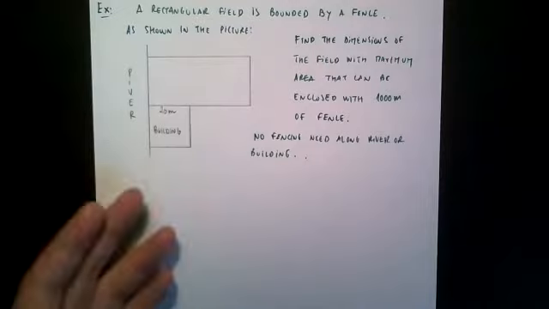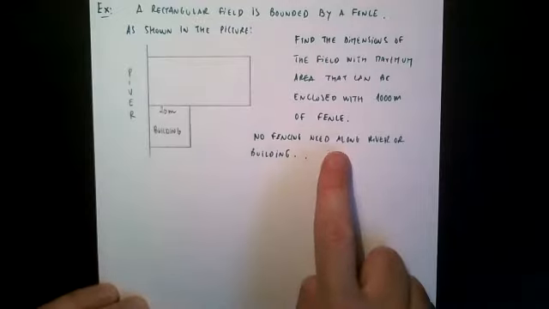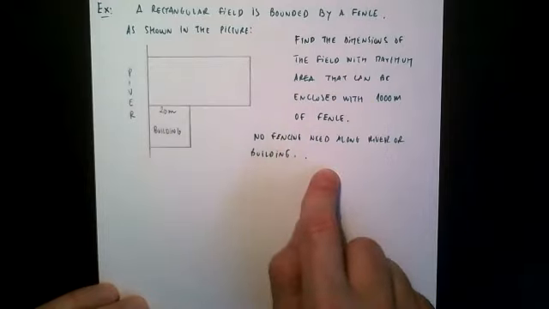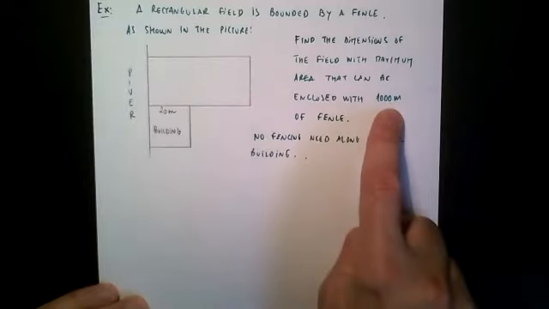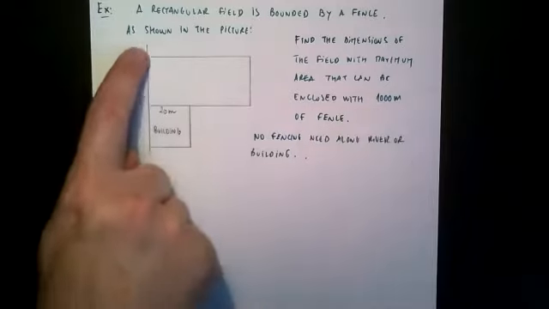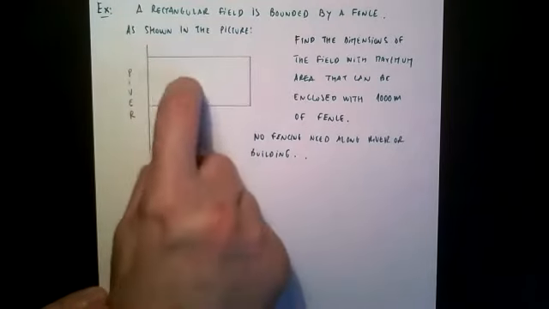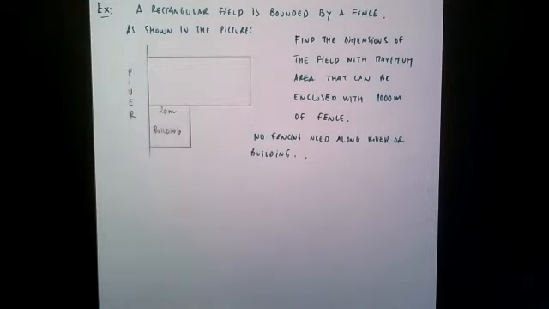You have 1,000 meters of fence at your disposal, and now you have to decide what shape of rectangle to put here to have the maximum area for your animals. Okay, so let's start. I'm going to do this one, and I want to let you try one on your own if you can.